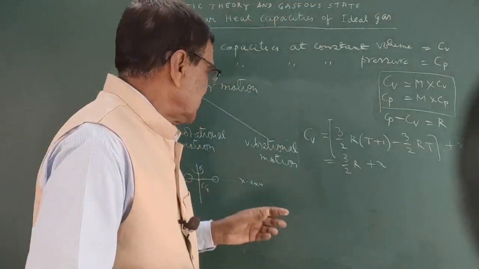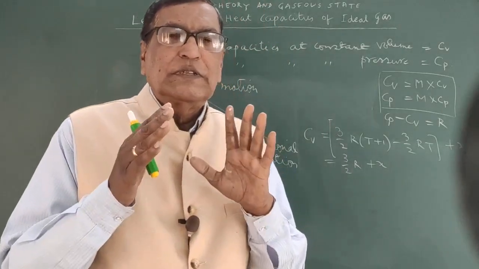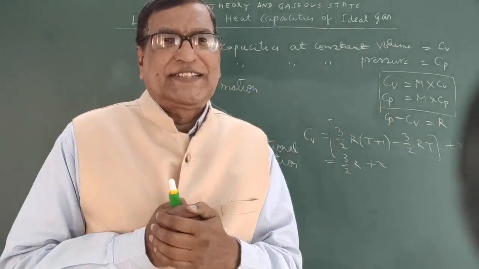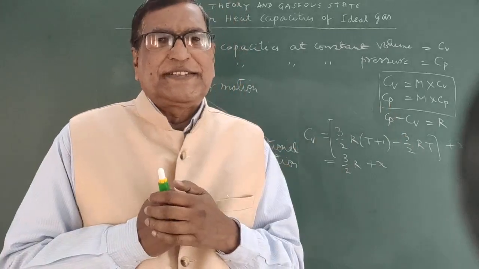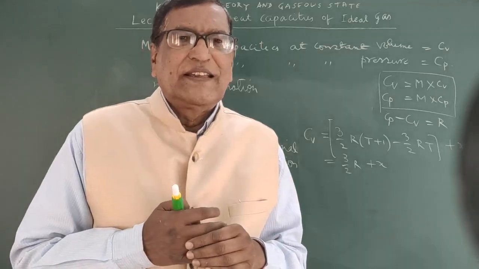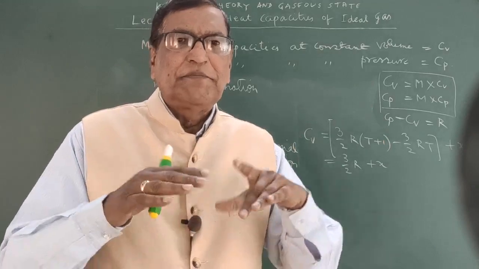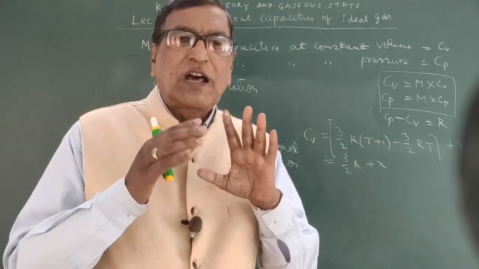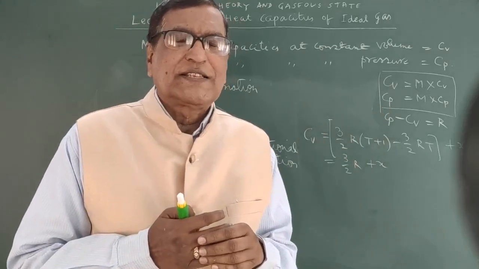So for diatomic molecules, there are rotations in two independent axes. In each independent axis, the magnitude is half kT per molecule, or half RT for 1 mole of this gas.